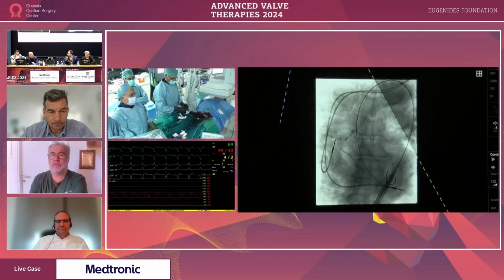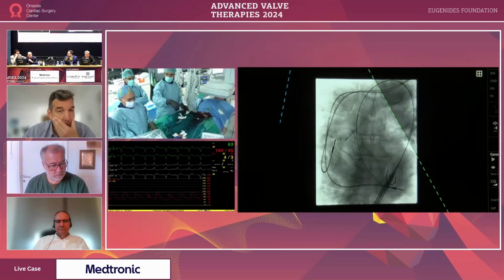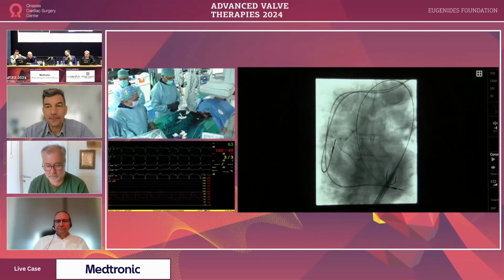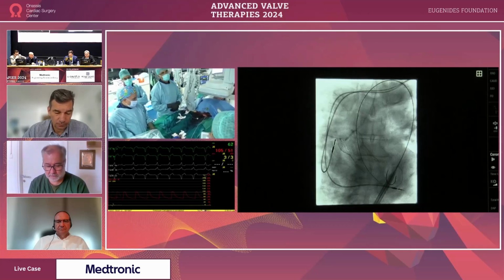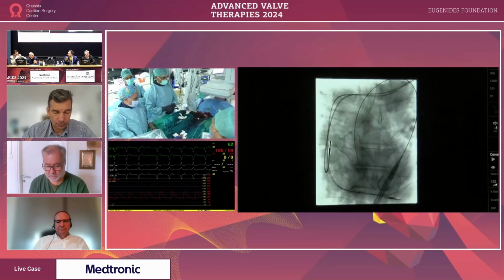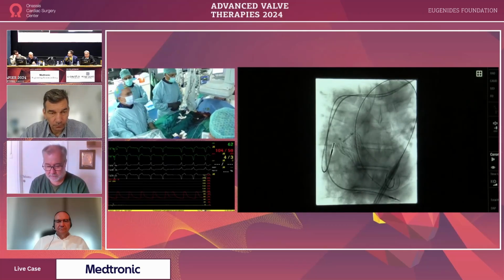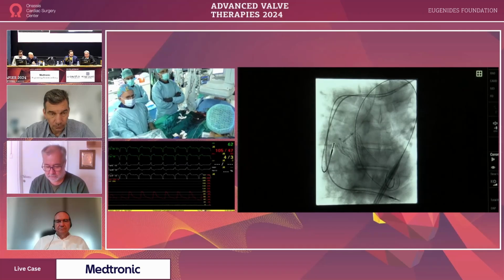Because we had experience mainly with the 34 millimeter, but with the 29 and 26 as well, that there was a non-perfect expansion of the valve, and it could pull it back.